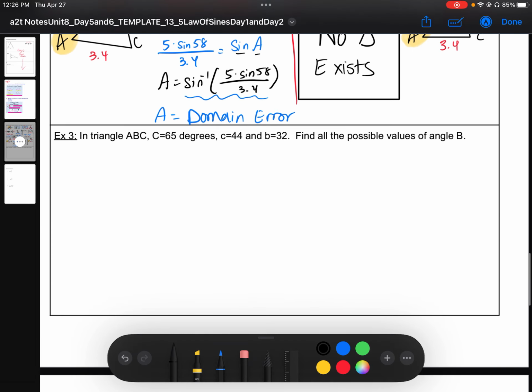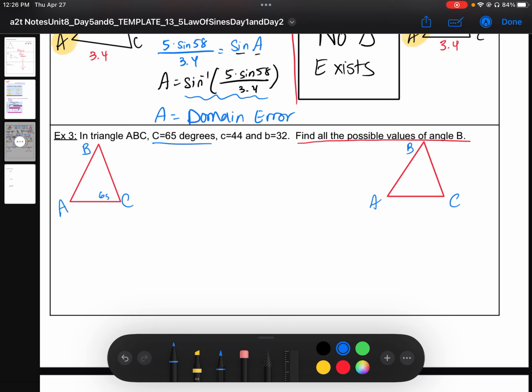All right, I encourage you to do this last one on your own if you can. Pause the video and try it on your own. It says find all possible values of angle B. So A, B, C. Labeling, I've got C is 65, side C is 44, and side B is 32.